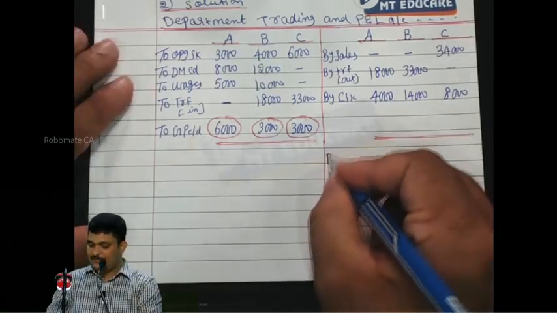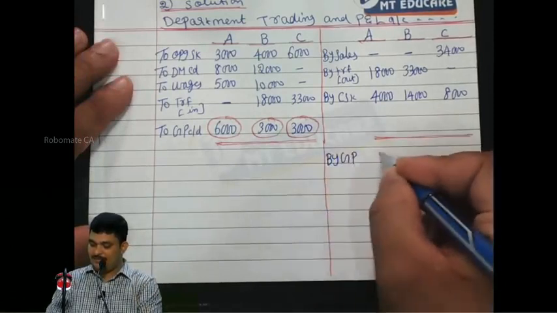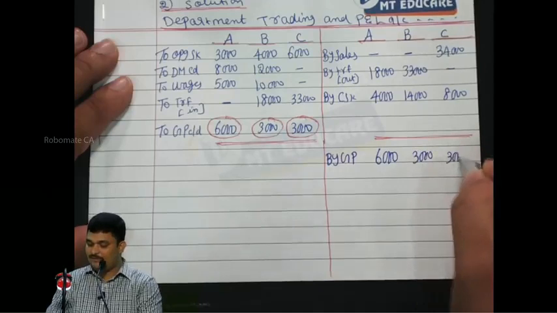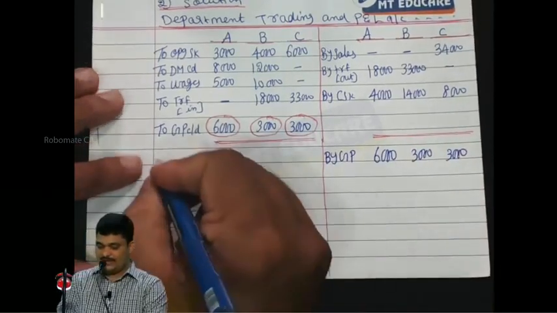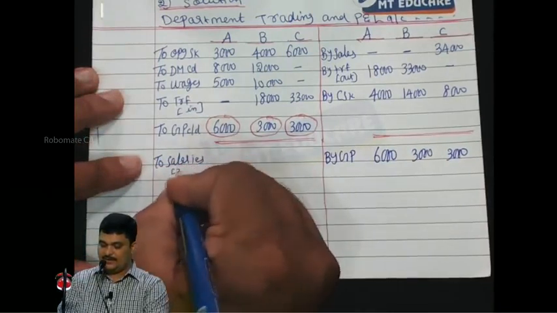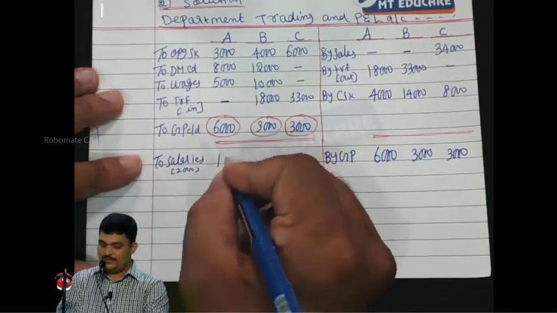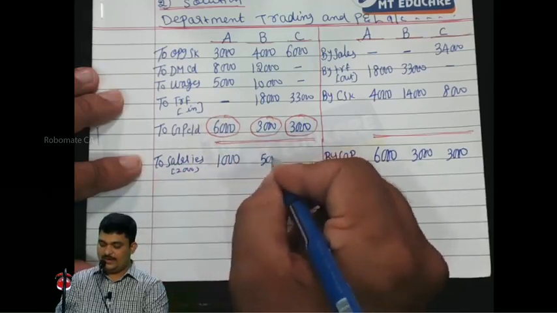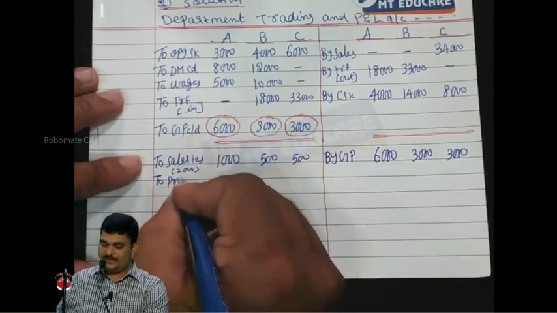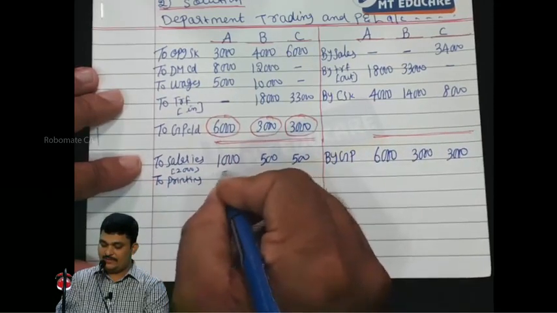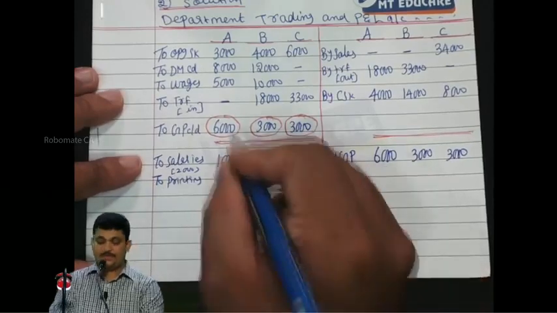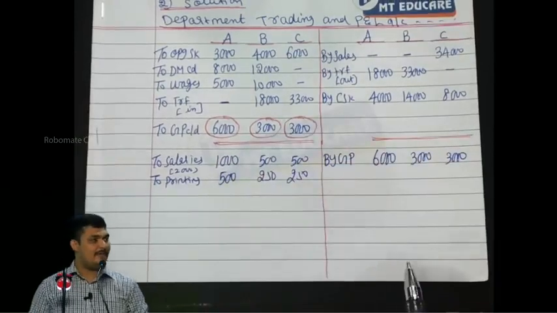So by GP 6,000, 3,000, 3,000. To salaries, 2,000, 1,000, 500, 500. Correct? To printing and stationery, 500, 250, 250. It is the proportion of 2:1:1. Right? Next one.